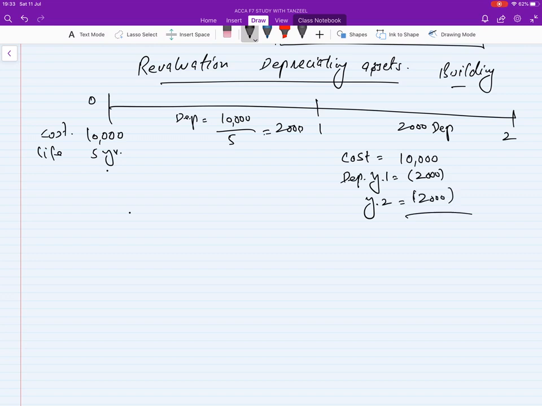So the NBV will be 6,000. And in this question we say the market value has been increased to 14,000. Suppose we have 14,000 as market value. Now it was being revalued by 8,000.